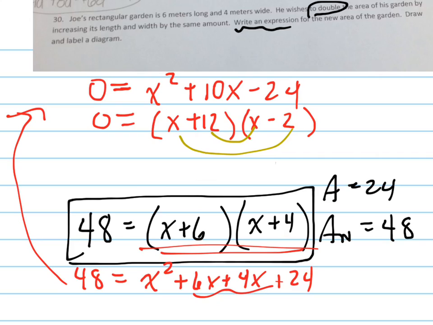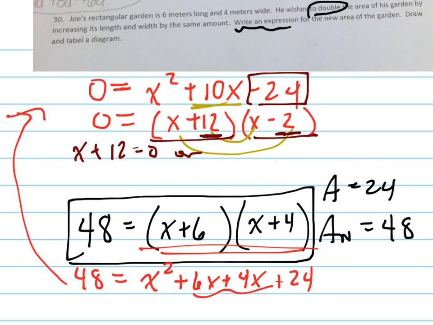The inside plus the outside equals positive 10x, and then the last and the first equal what they need to equal. 12 times negative 2 is negative 24, x times x is x squared, and so that works.